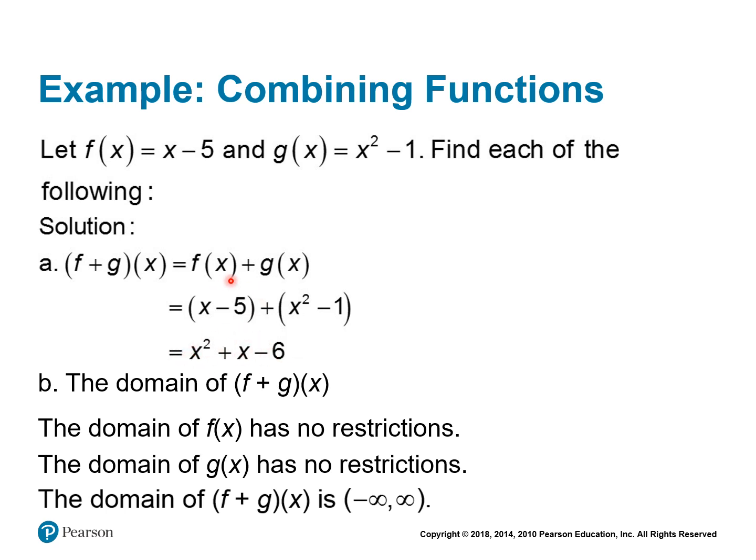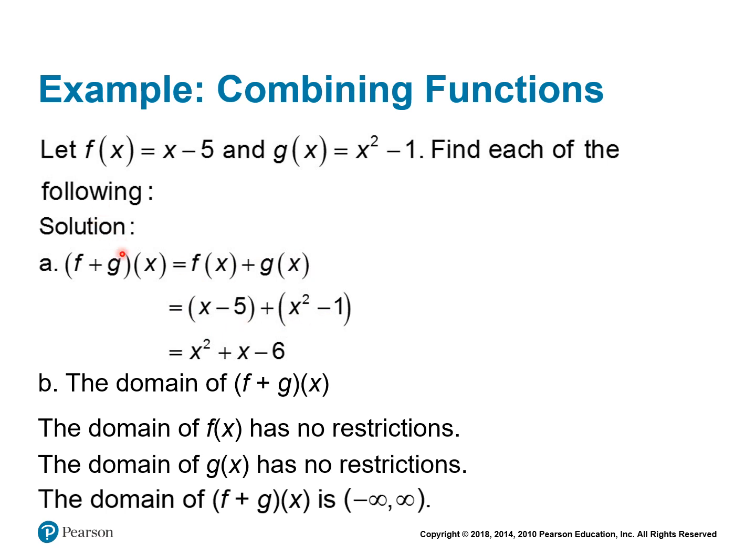So remember, we discussed in the previous slide that (f plus g)(x) is the same as f of x, which is x minus 5, plus g of x, x squared minus 1, adding them up.